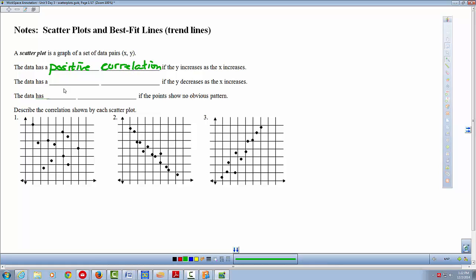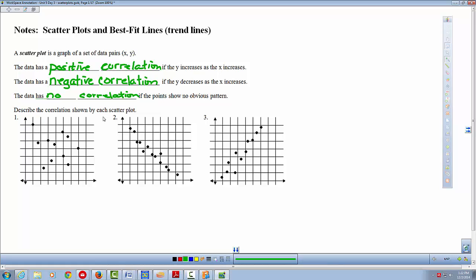If the y decreases as x increases, we will have a negative correlation. And the data will have no correlation if the points show no obvious pattern.